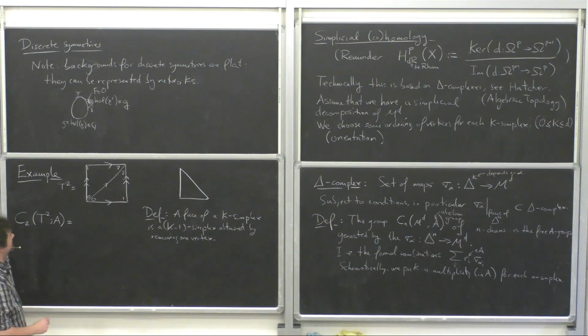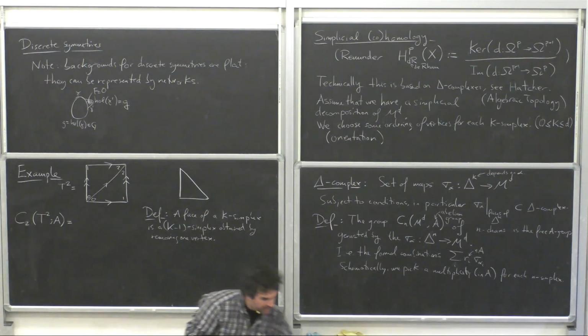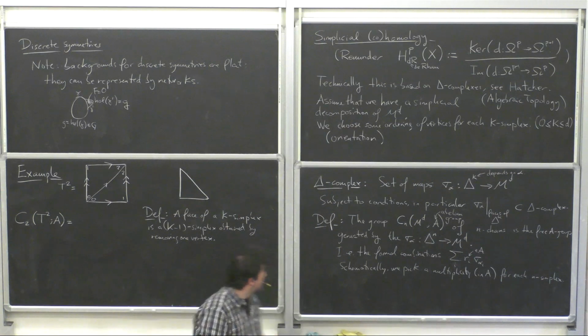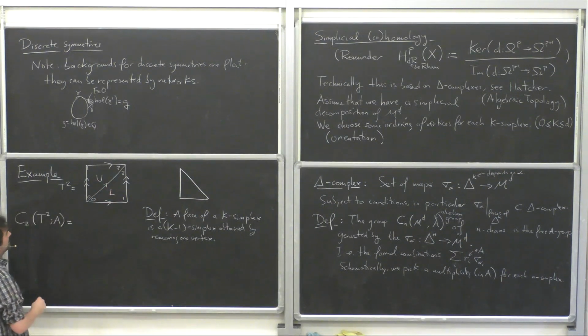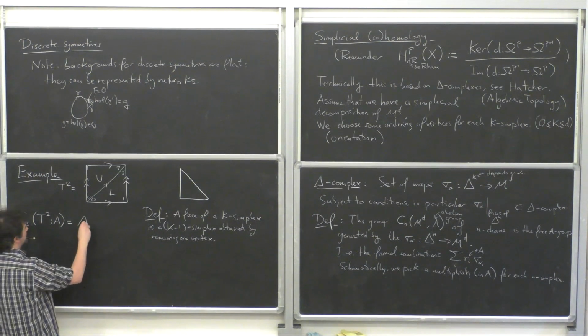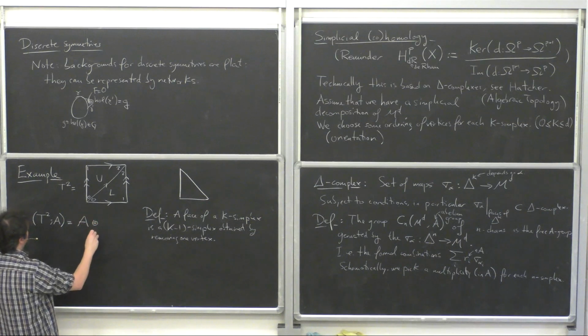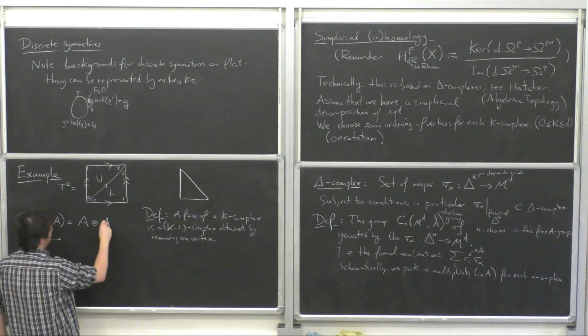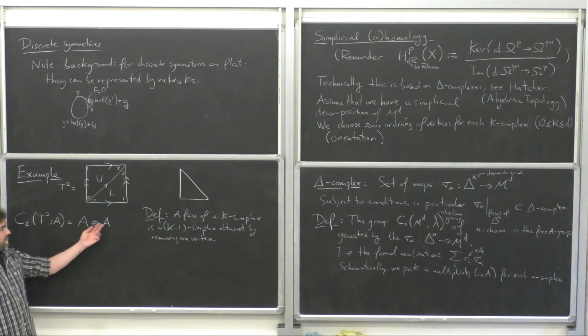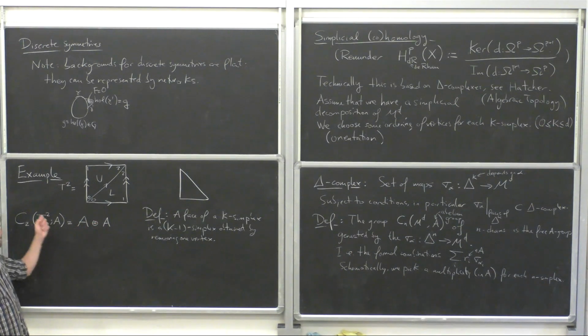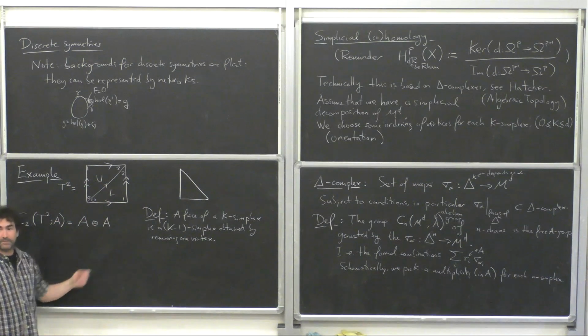I'm going to call these two simplices U and L. So this group of chains is A plus A. Yes, a two-dimensional vector space generated by these two elements with coefficients in A.